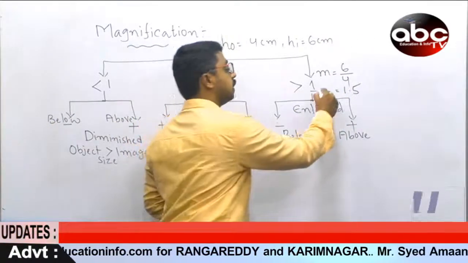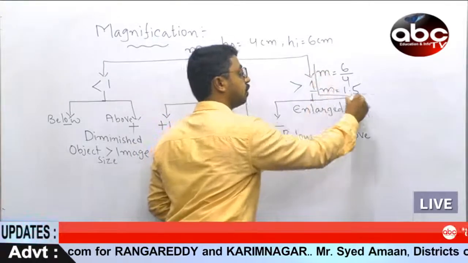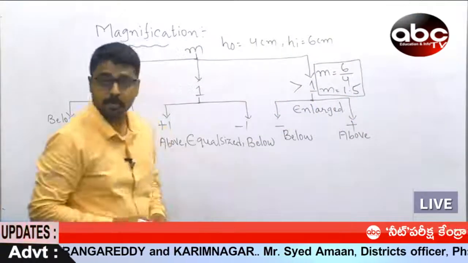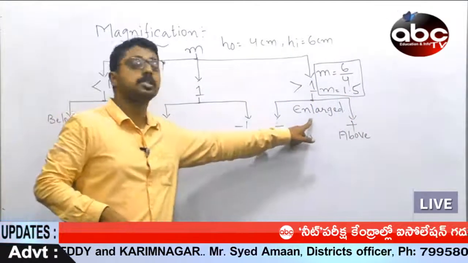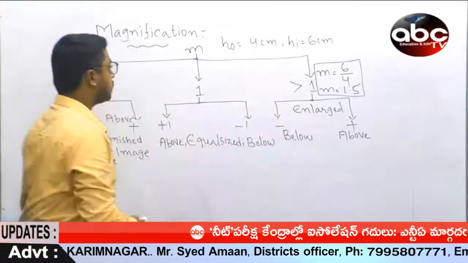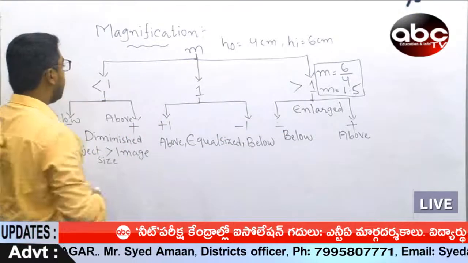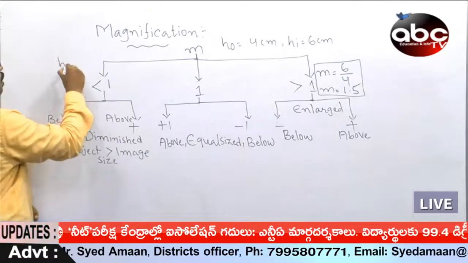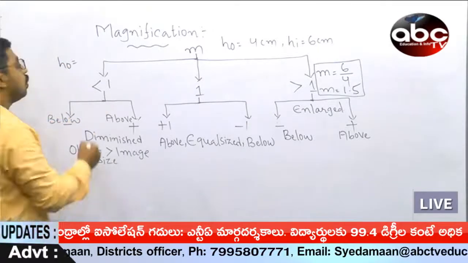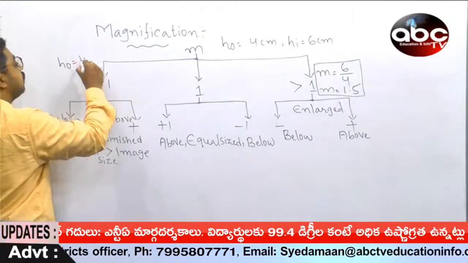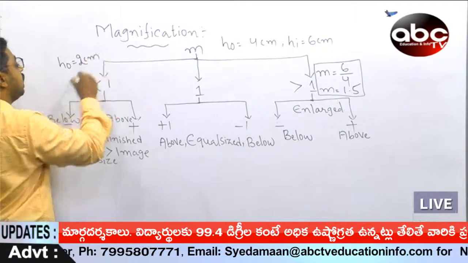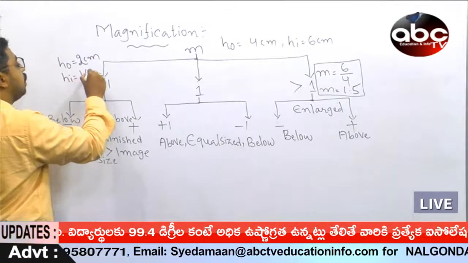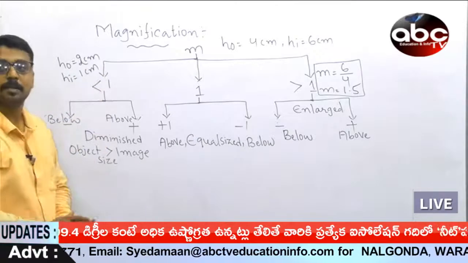That is, it is an enlarged image. Whereas if you take another example, height of object is equal to 2 centimeter, height of image is equal to 1 centimeter.